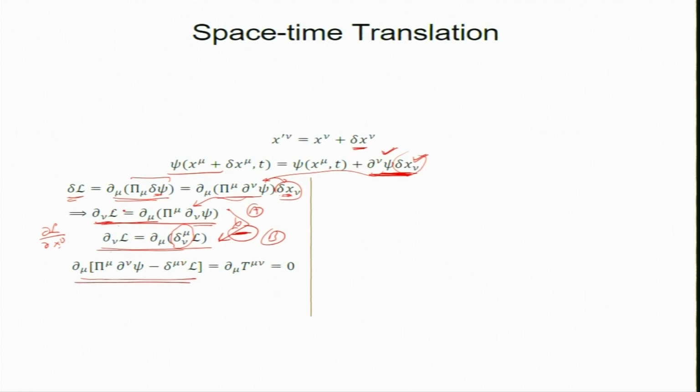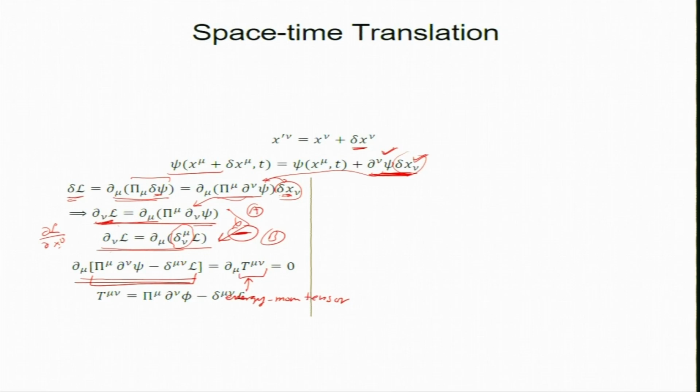Right now, I am not equating this to 0, I am just subtracting these two. And I get by definition 0, and this object is called the space time energy momentum tensor. Okay, so that is a derivation of the energy momentum tensor.